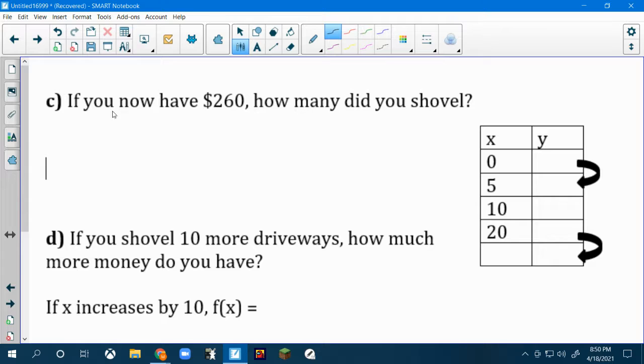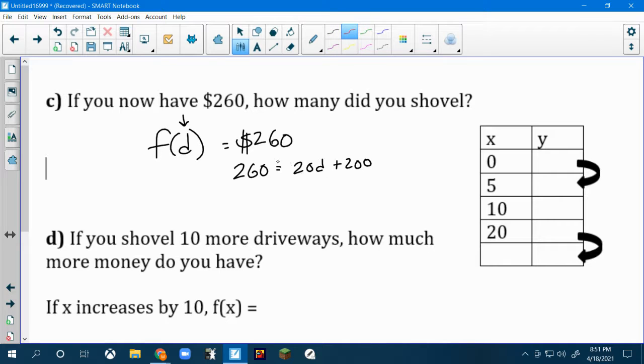Let's try another example here. If you now have $260, how many did you shovel? Well, that's fun. We know that we started with $200. We want to find out f of d, the number of driveways. We know that it equals a total of $260. So if we know f of d is 260, we know that 260 equals 20 times the number of driveways plus 200.